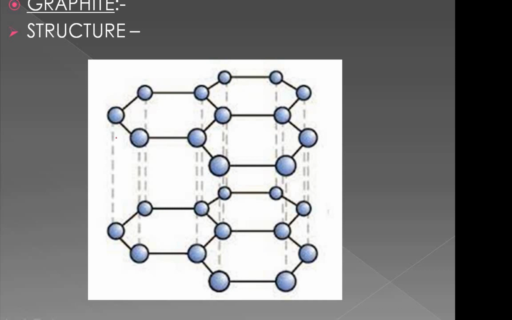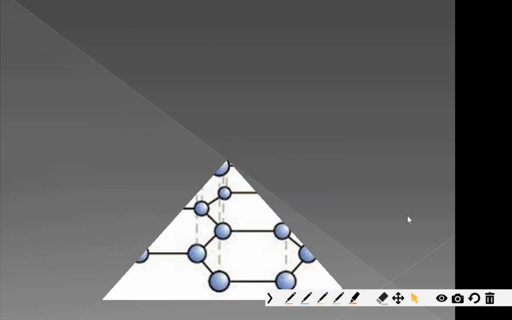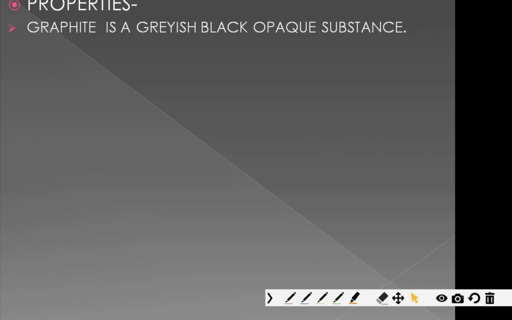Because these forces of attraction are weaker than covalent forces. If we exert pressure on this sheet, it will obviously move downward, because these forces are really weak. Because of this property, graphite is used as a lubricant. I will show you the uses.